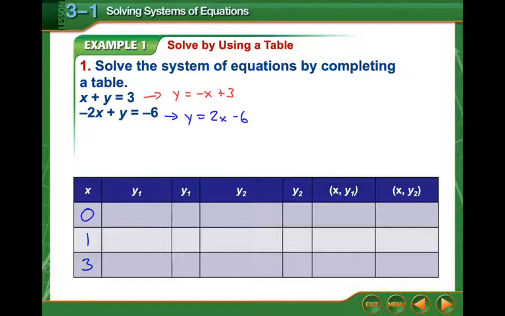So now we need to plug these 3 numbers we chose into our equation. I'll rewrite these in a different color. 0, 1, and 3. So we plug in a 0 for the first one, negative 0, 0. So that's just 0 plus 3. So that's 3. So our first point is at 0, 3.